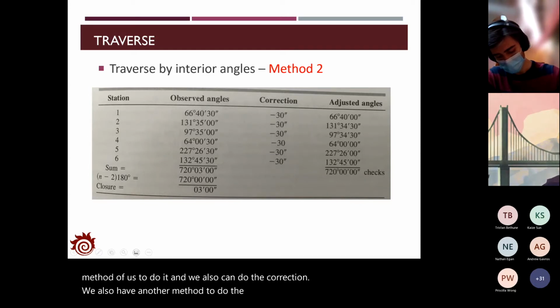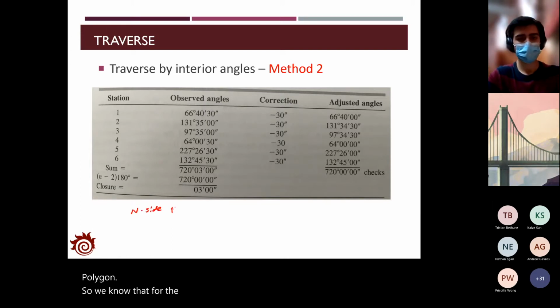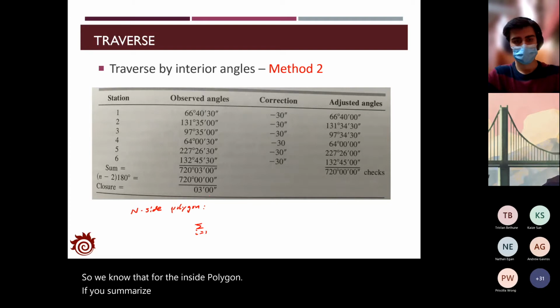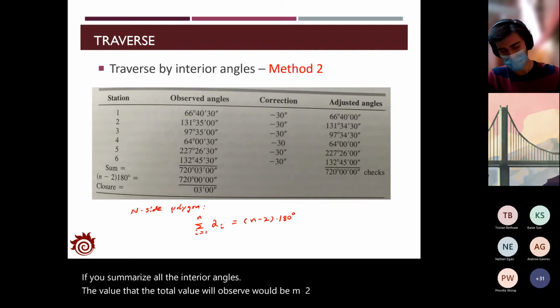We know that for the n-sided polygon, if you sum all the interior angles, the total value you will observe would be n minus 2 times 180 degrees, right?